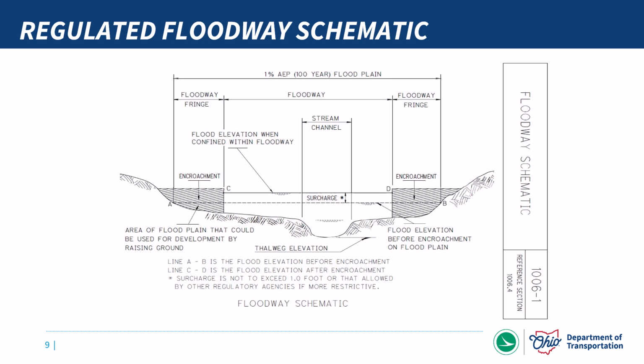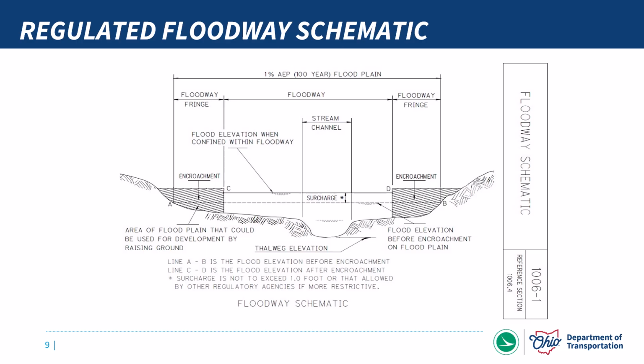But they also went and defined what a floodway and floodway fringe is. So we're assuming that at some point there will be development and fill put into the floodplain.